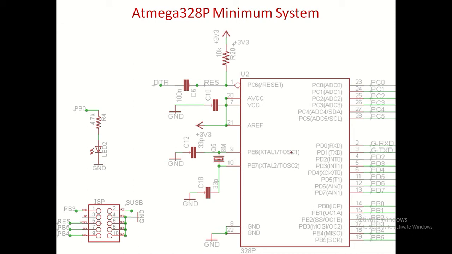This is a mandatory interface, a DTR pin from that FT232 IC, so that whenever the Arduino is writing the application program, it will synchronize this microcontroller to the compiler by using this DTR pin. That means the USB to UART controller will reset the microcontroller with the help of the DTR.